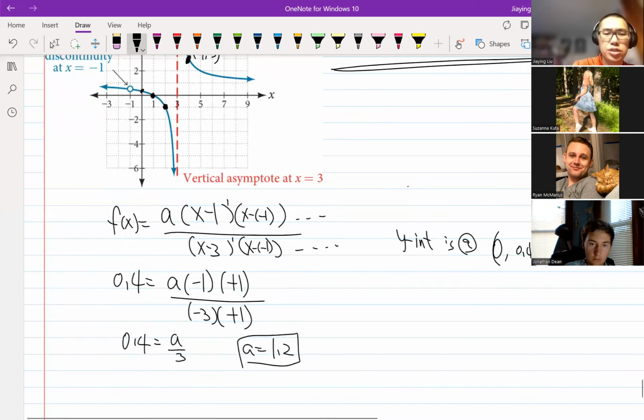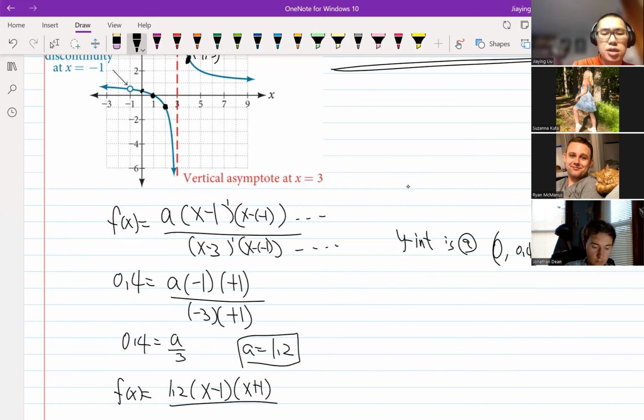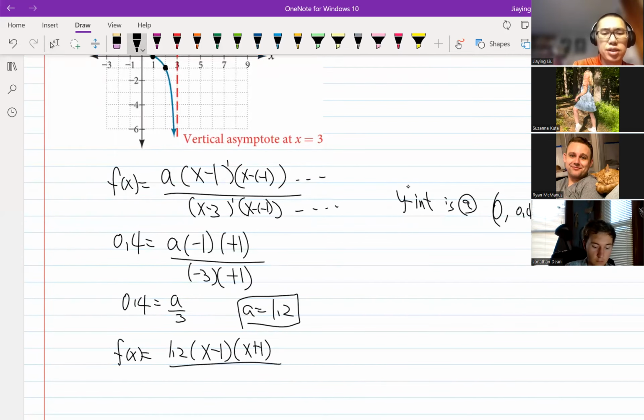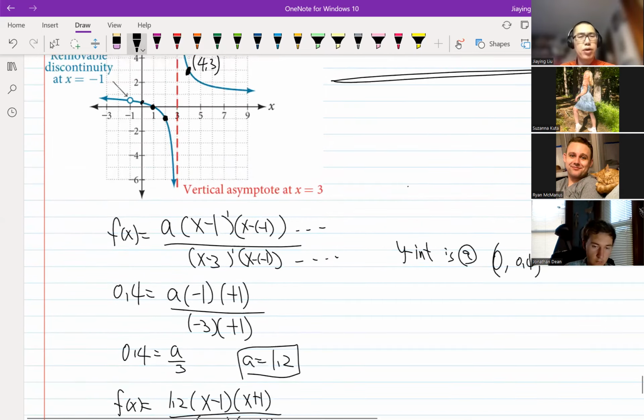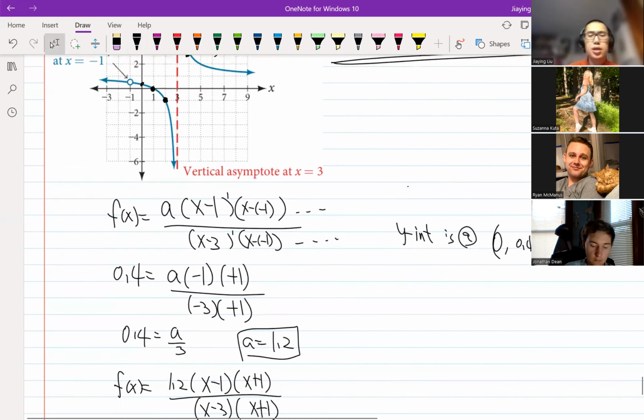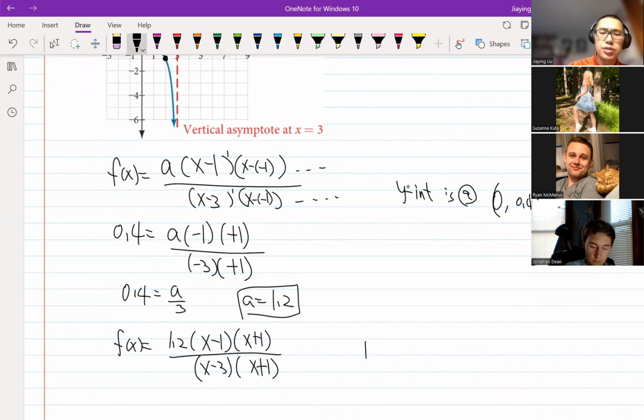So I get the function to be f of x equals 1.2 times x minus 1, x minus -1, x plus 1. And the denominator is going to be x minus 3, x plus 1 again. Now we can check the horizontal asymptote.